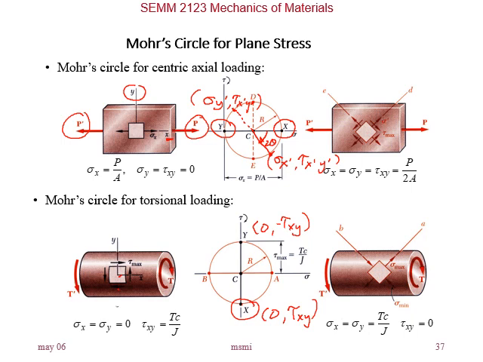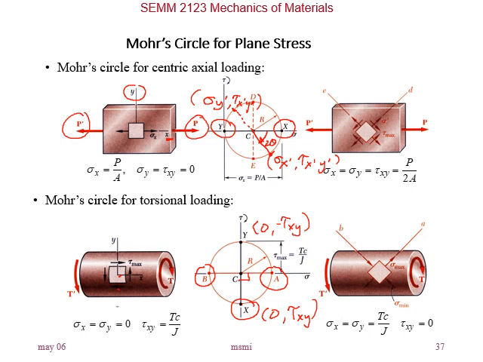The principal stress is given by point A, and also point B, right? Point A and B. So if you look here, the difference in angle is 90 degrees.